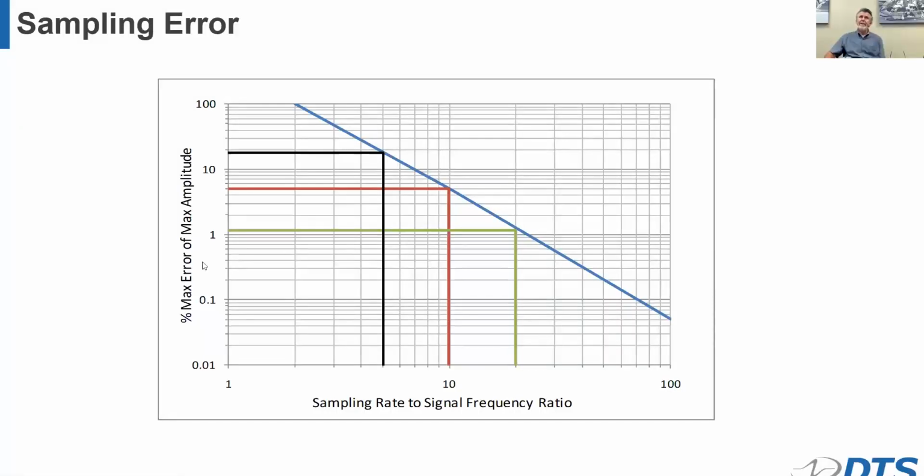On the left, that's simply a percentage of error on the peak values, and on the x-axis, that's the ratio between the sampling rate and the input waveform. In this case, at 10 to 1, so 10,000 samples per second at 1K data rate, you can see we're right at 5%. If we increase that simply to 20,000 samples per second, we drop to only 1% roughly.